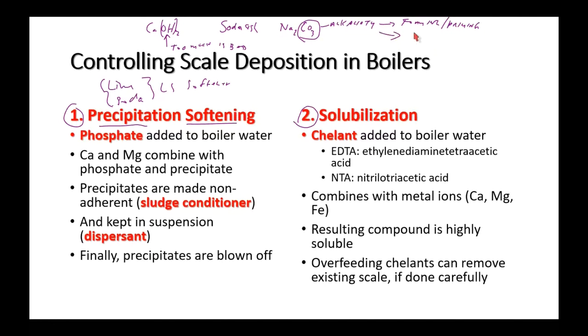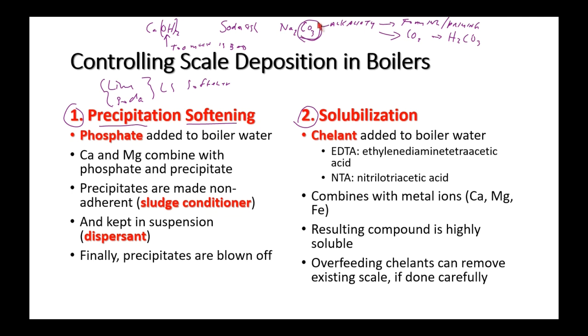But also, very importantly, alkalinity will decompose in the boiler. It'll produce carbon dioxide gas, and the CO2 travels with the steam, and then in the condensate system turns into H2CO3, which is carbonic acid. So alkalinity is going to cause us return line corrosion.